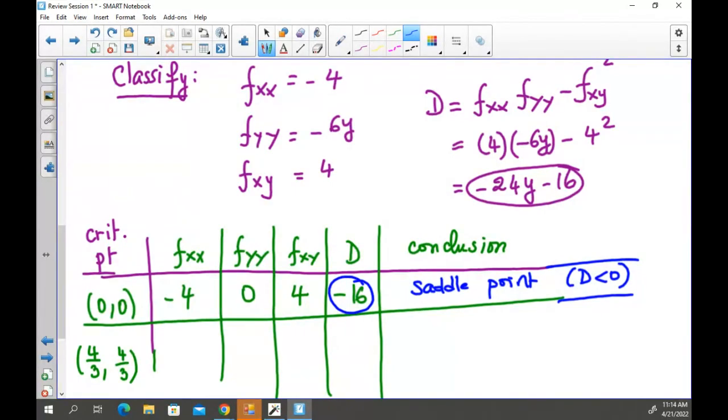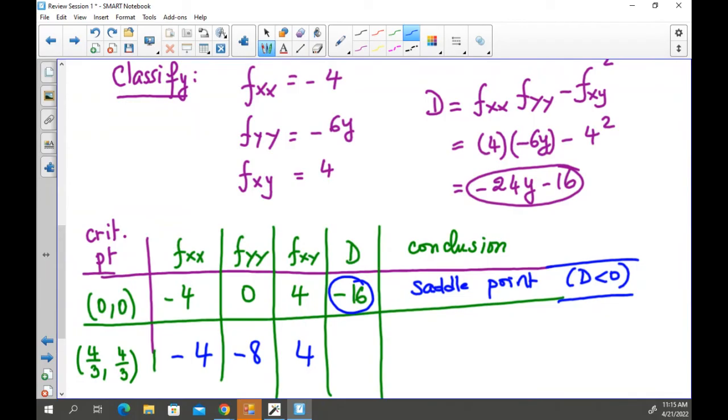Now, at 4 over 3, then this is still minus 4. Fyy is, what will it be if we multiply? That will be, what, minus 8? Yeah, I think fyy. Yeah. Fxy is 4. And then the D, what will be the D? 16, yes?